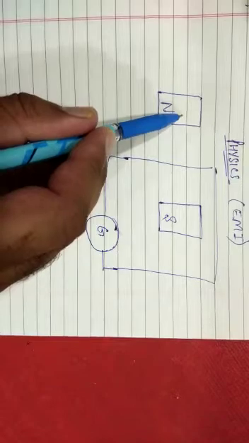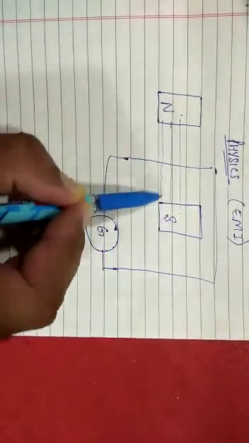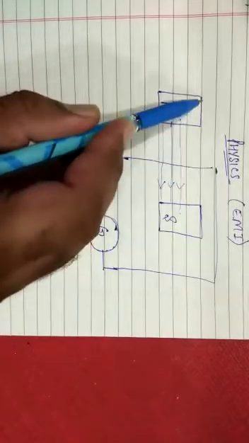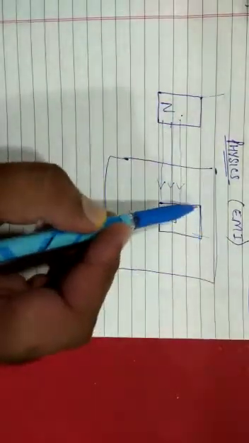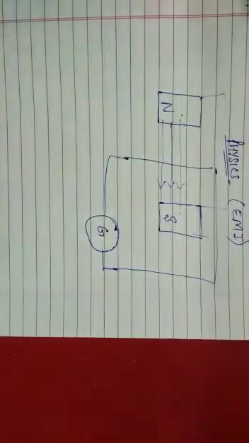For example, this is one magnet and this is the magnetic field. This is a U-shaped magnet which has been shown only this way, so you can see.